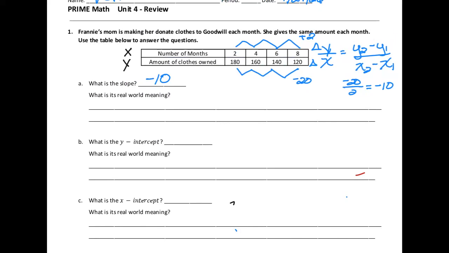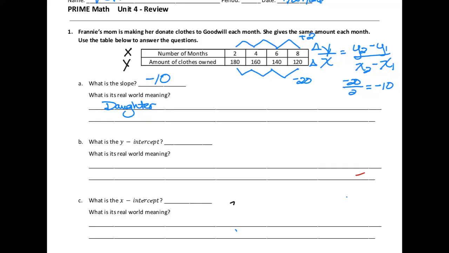Yes. What is the real world meaning? What does this slope mean? 10 of her clothes each month. Well, yes, you have the correct general idea. I don't know that her mom's donating them, but it says she's making her donate, so yes, the daughter is donating the same amount each month.